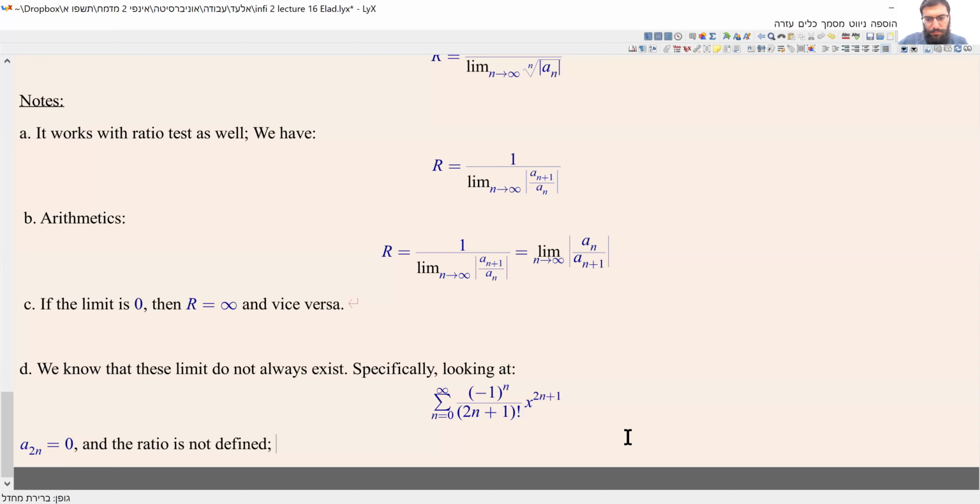Moreover, using the nth root is risky as well. I mean, there are two subsequences here, the odd indexes and the even indexes.